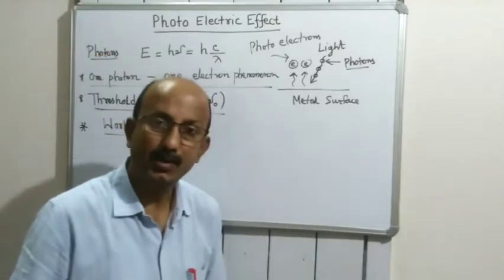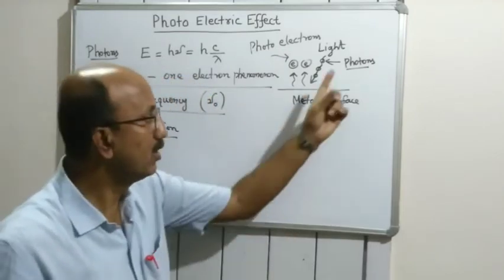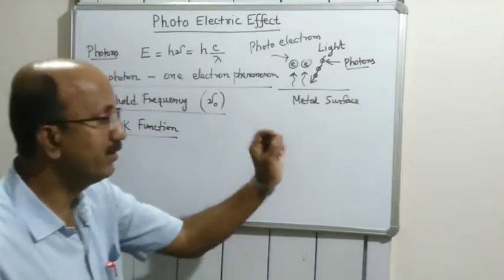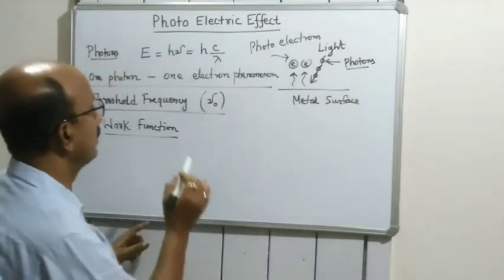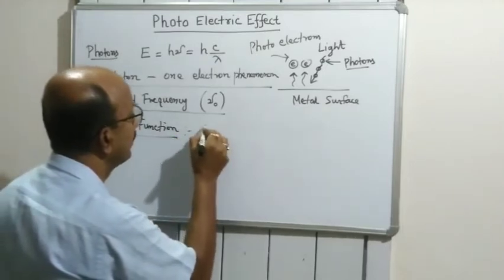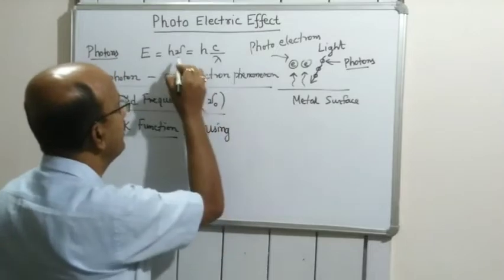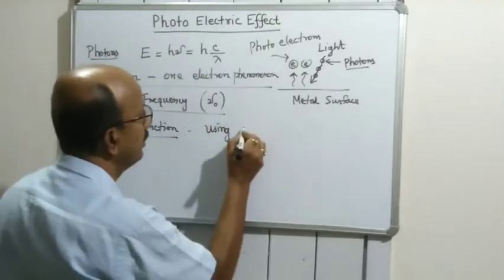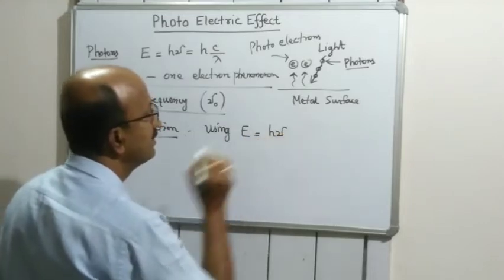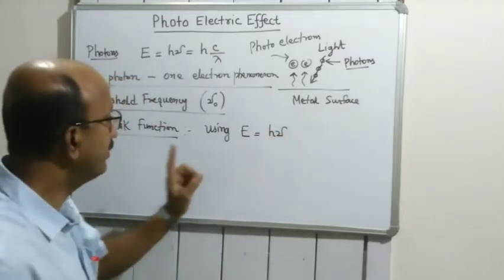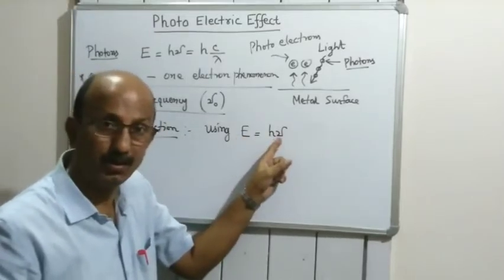Now what is photoelectric work function? Let us understand. Suppose I take one photon whose frequency is just equal to the threshold frequency, and you know that for any photon having frequency nu, the energy is given by this formula. So this is the energy associated with any photon having frequency nu.